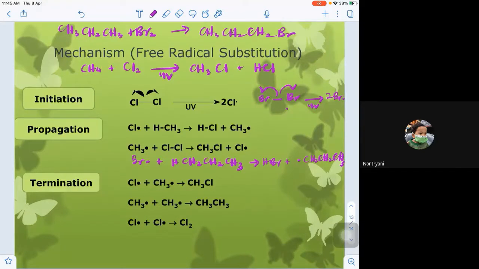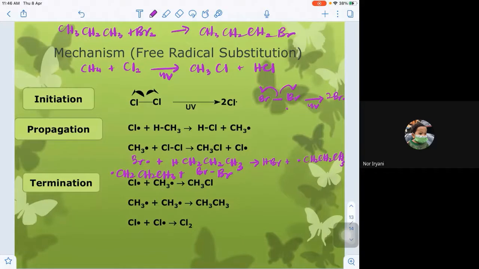And then the next step of the propagation is just like this. This radical then attacks the Br2 molecule. So we will have the radical of CH2CH2CH3 react with Br2.